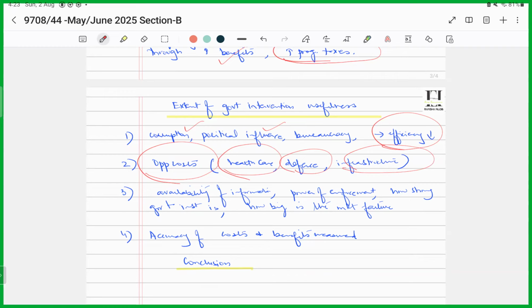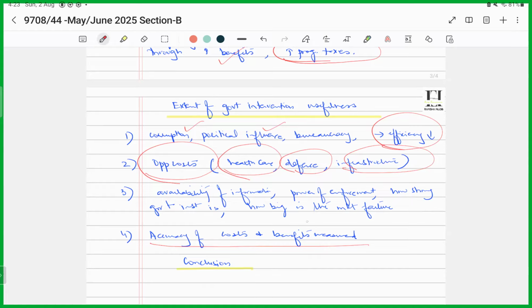Plus, it also depends upon how sound or accurate the information the government has regarding the costs and the benefits, right? Maybe it does not have correct information regarding the average cost or the marginal cost. So the decisions it takes might have a big credibility issue, right?